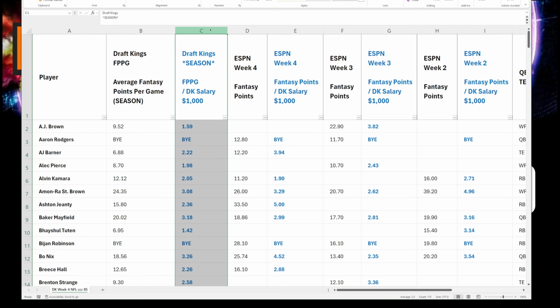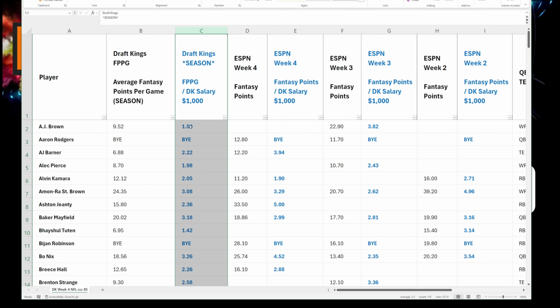The next column, column C, has, for the season, fantasy points per game divided by the DraftKings salary, and it's presented as a ratio of fantasy points per game per dollar of DraftKings salary, or $1,000 of DraftKings salary.